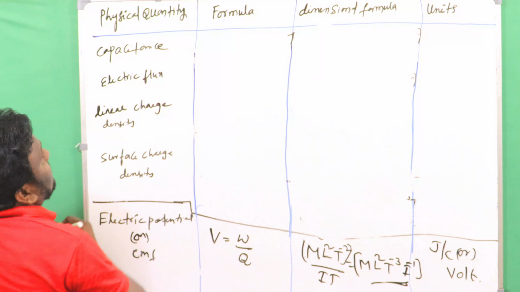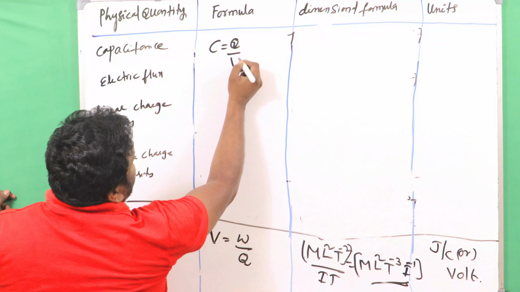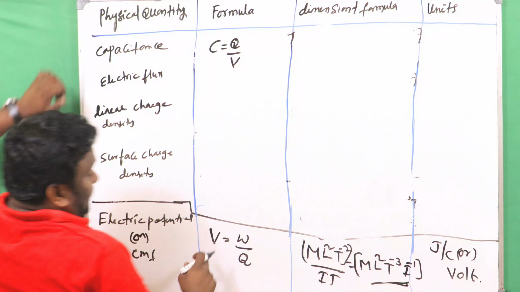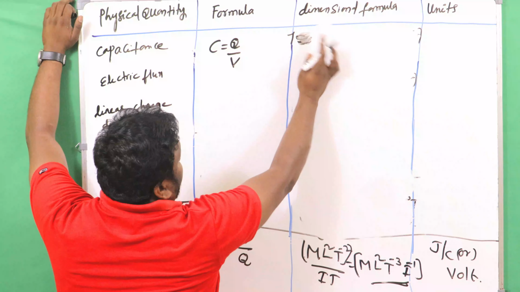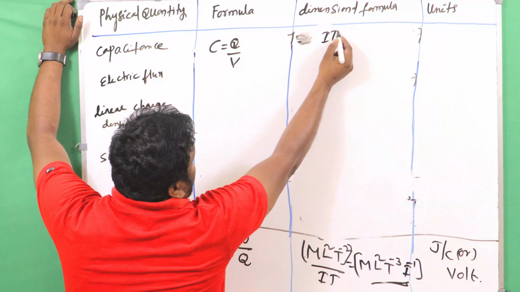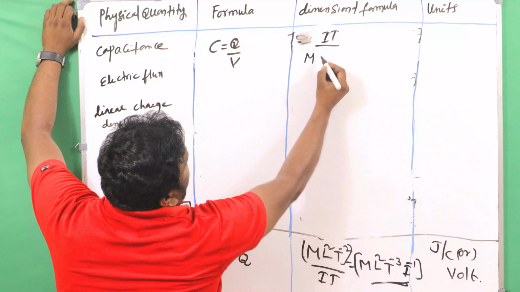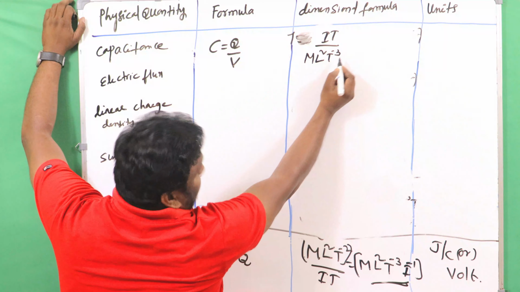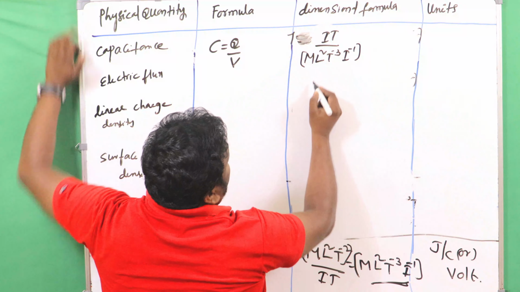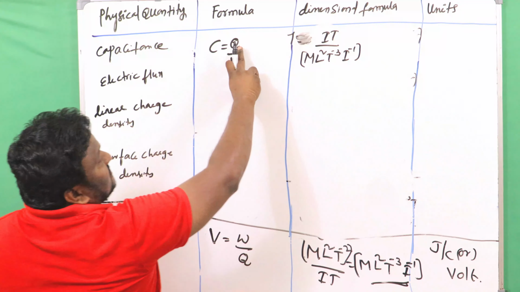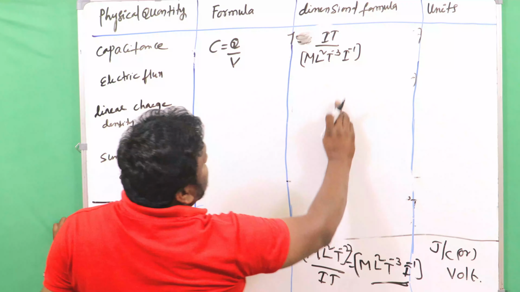Capacitance. What is the dimension formula of capacitance? We have to know that. The first formula is C is equal to Q by V. The dimension formula of charge is IT, and the dimension formula of potential is ML² T⁻³ I⁻¹.